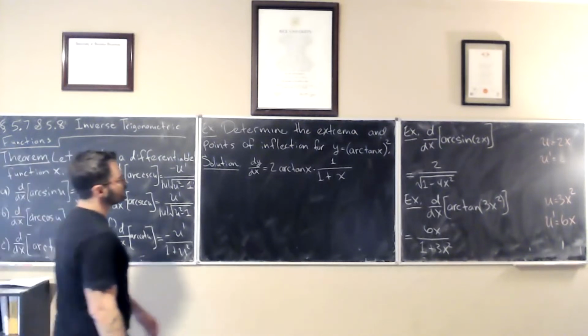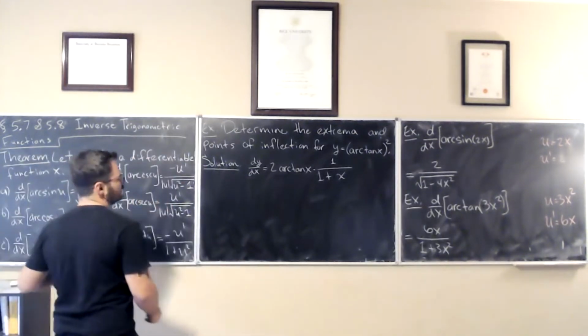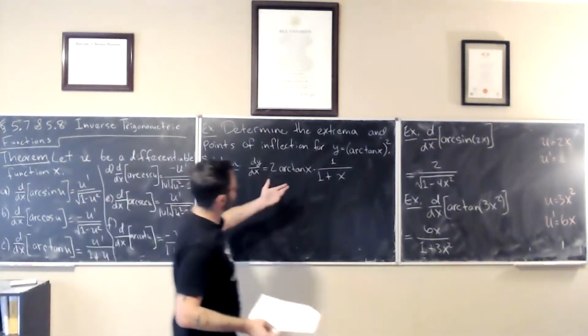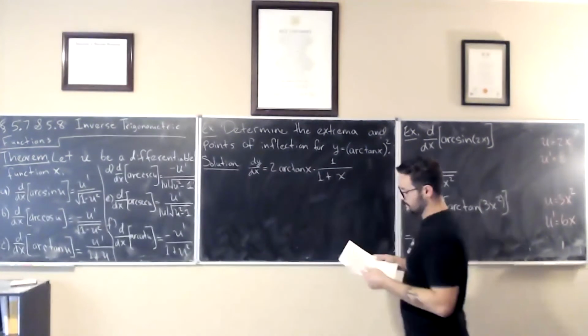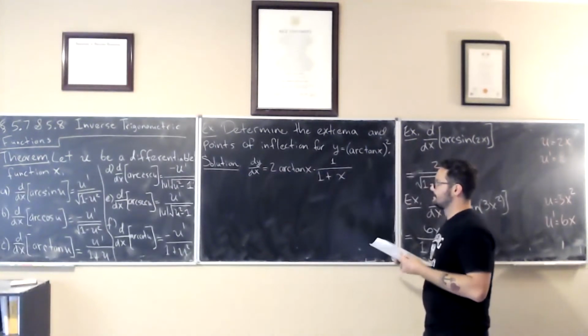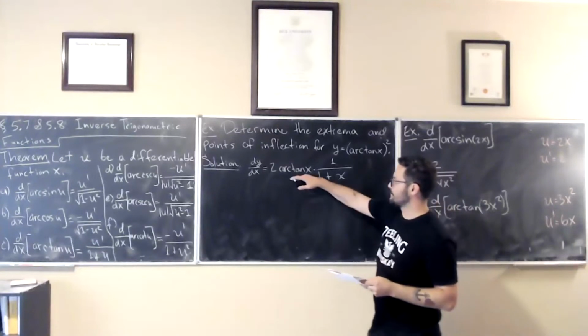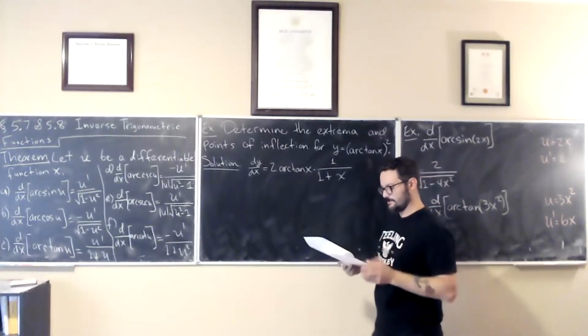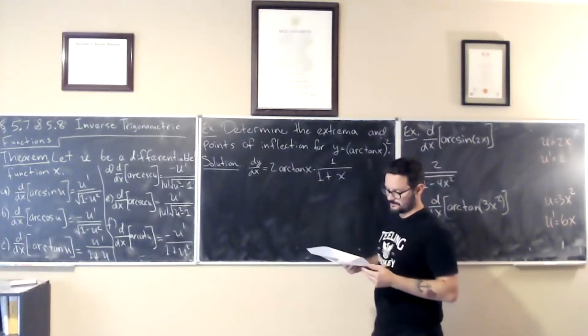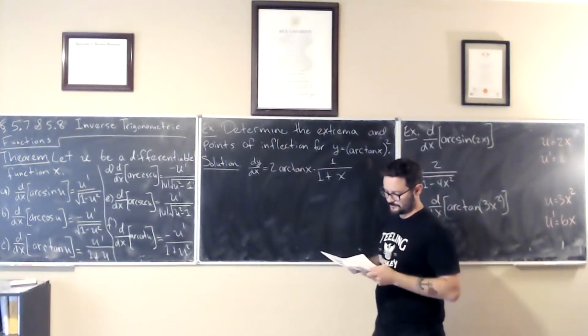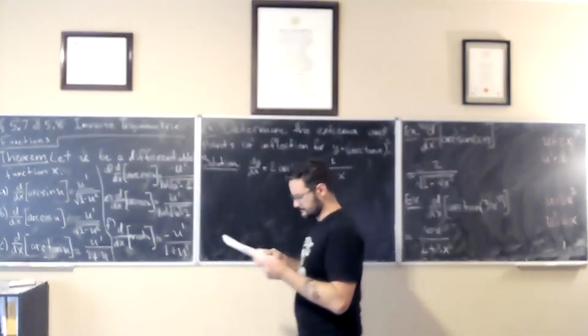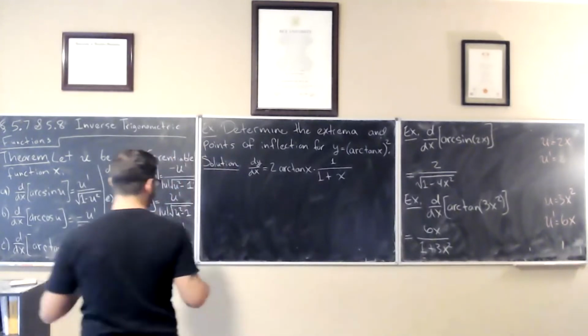Okay. So in order to find the critical points, when is the derivative equal to 0? Well, it's definitely going to depend on when arctan is 0. So if we look back to the domain of arctan, the domain is all real numbers.